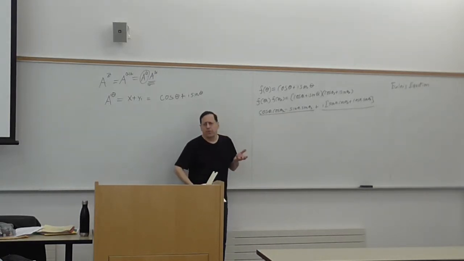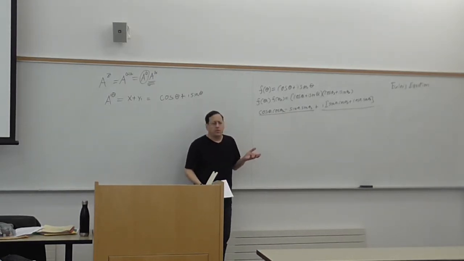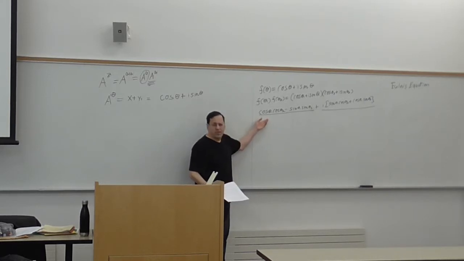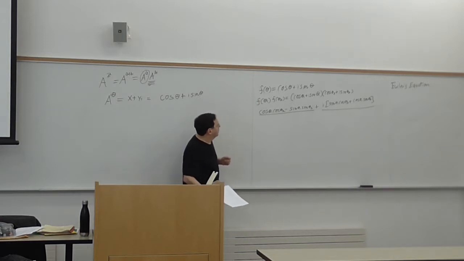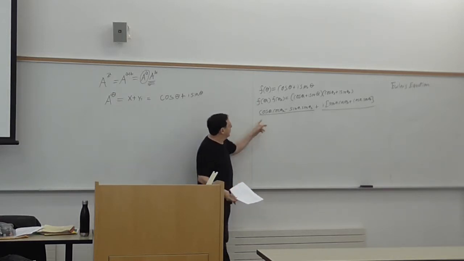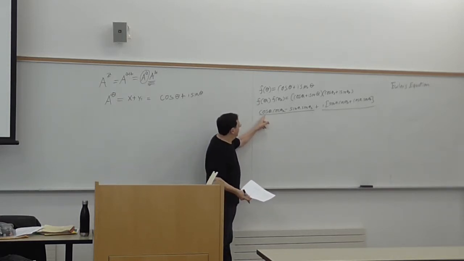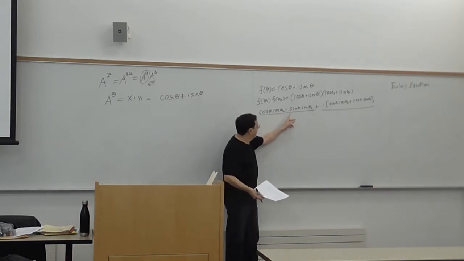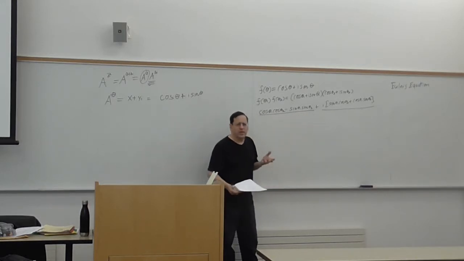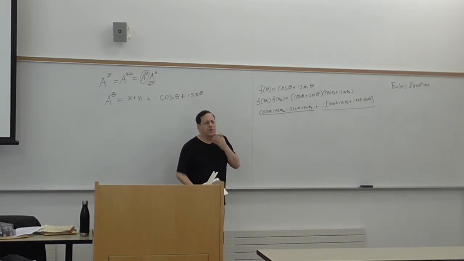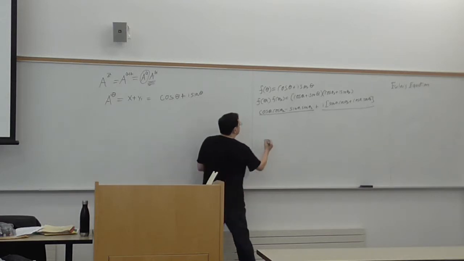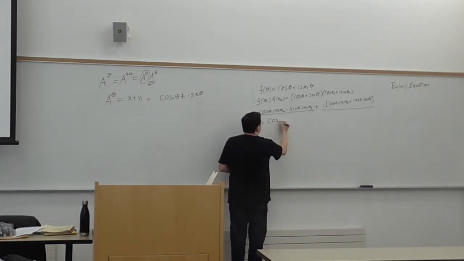Now, I hope for some of you, you see a pattern here already, something we looked at. Anyone see a pattern here? Cosine theta 1, cosine theta 2, minus sine theta 1, sine theta 2. Does that look like anything familiar? Should.